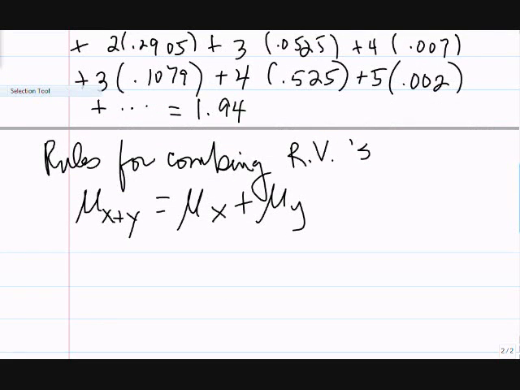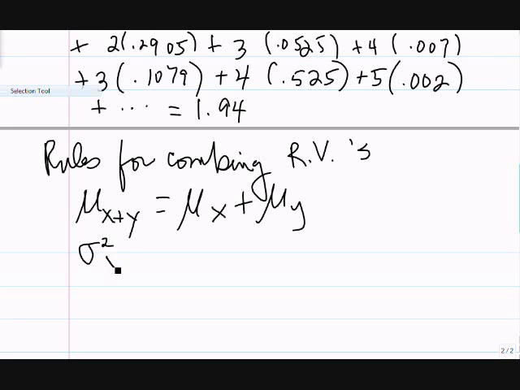All right. We need a rule for the standard deviation, but the rule is actually for the variance. So once we get the variance, we just need to take the square root for the standard deviation.